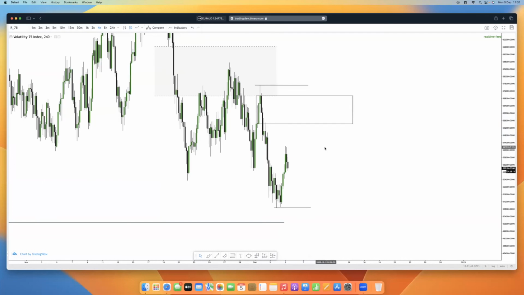Let price get there. Okay, let price come into this area and then look for distribution in this area. Okay, that is break of structure on lower time frame, and then you can shoot for price to come to the downside. Okay, so this box area now is the potential area for distribution.